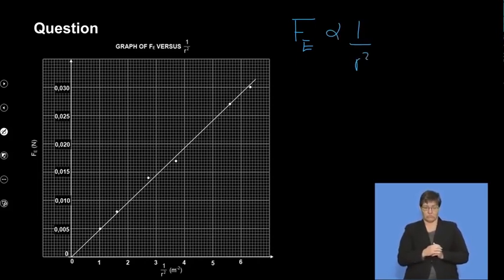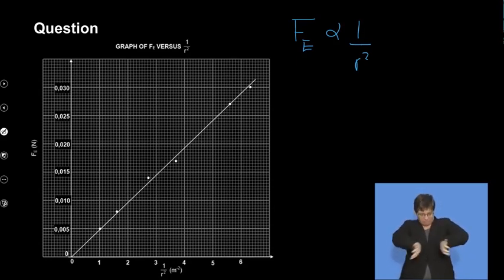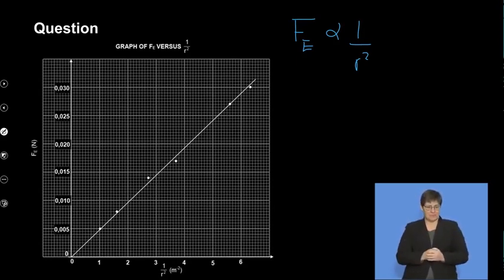But also, we can safely say that the electrostatic force, in this case of repulsion, because these are positive charges, they tend to repel each other because they are like charges, is directly proportional to the reciprocal of the square of the distance. So take note, we can talk about the relationship between the square of distance and electrostatic force, as well as the reciprocal of the square of the distance and the electrostatic force. Take note of that. So this graph is electrostatic force versus the reciprocal of the square of the distance.